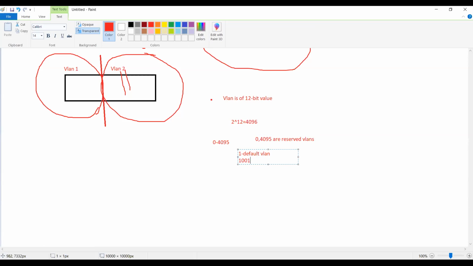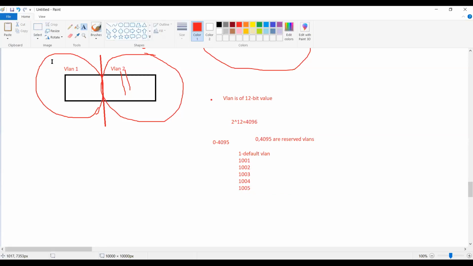1001, 1002, 1003, 1004, 1005. These are also reserved VLANs, not in use, unused VLANs, you can say. Never used.